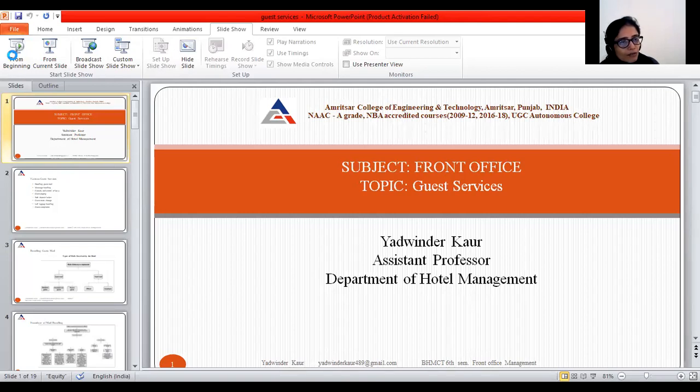The procedure of mail handling is: mail is received at the front office, so stamp the date and time and enter the received mail in the mail logbook. There is one logbook in the reception.